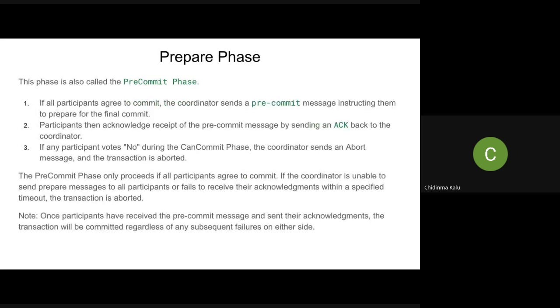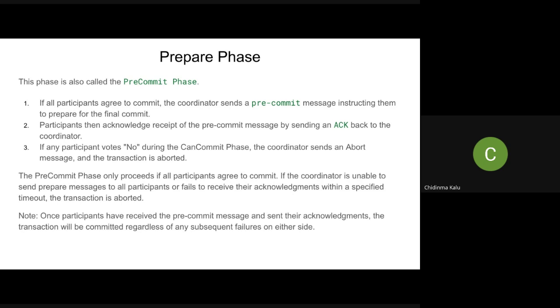The prepare phase is also known as the pre-commit phase. Here, if all the participants agree to commit, the coordinator sends a pre-commit message instructing them to prepare for the final commit. Then the participant has to acknowledge receipt of the pre-commit message by sending an acknowledgement back to the coordinator.